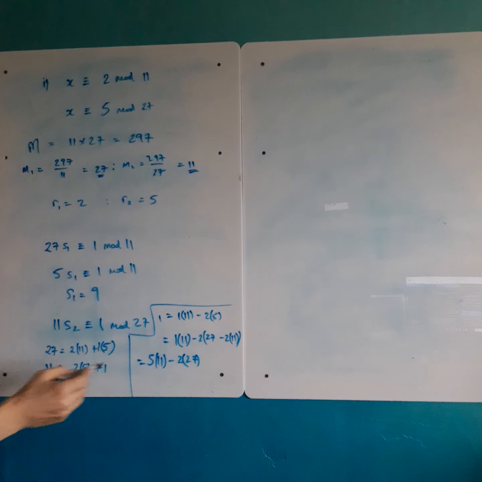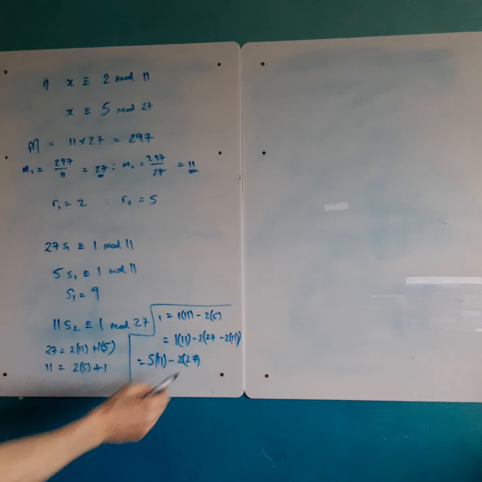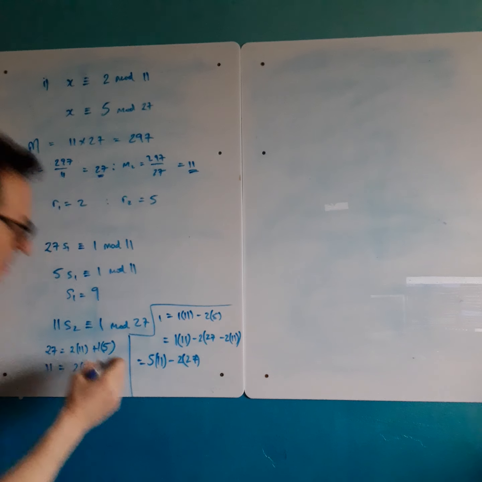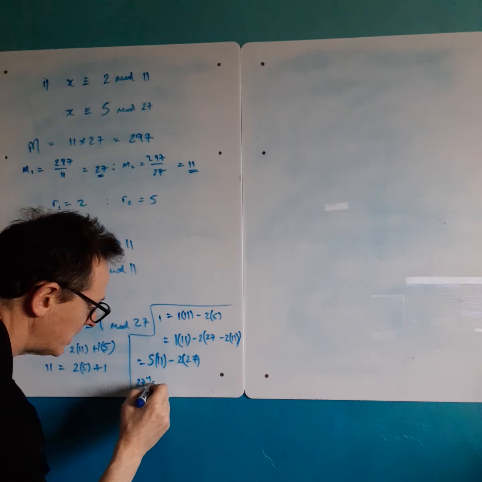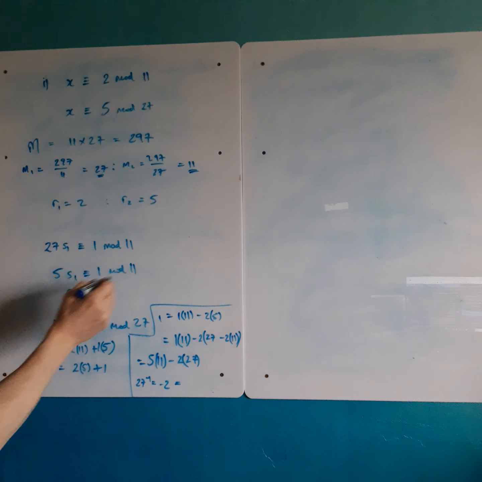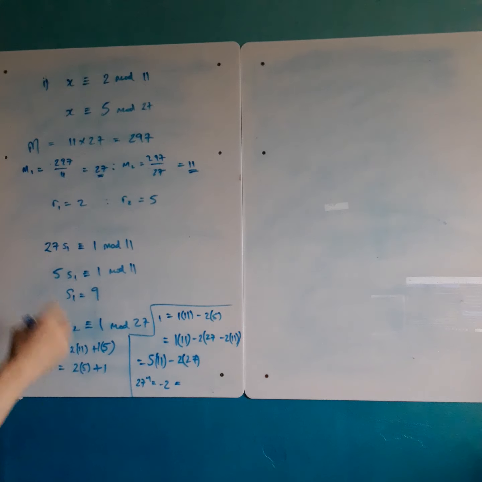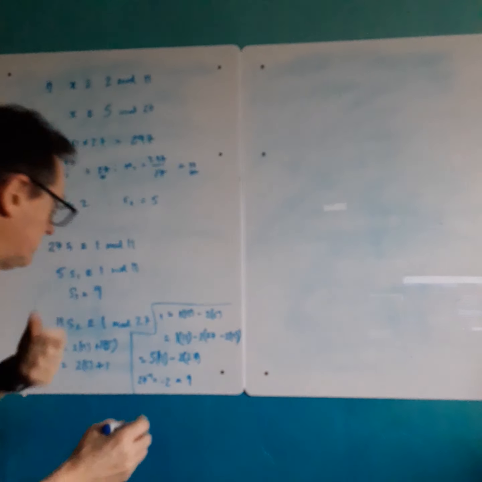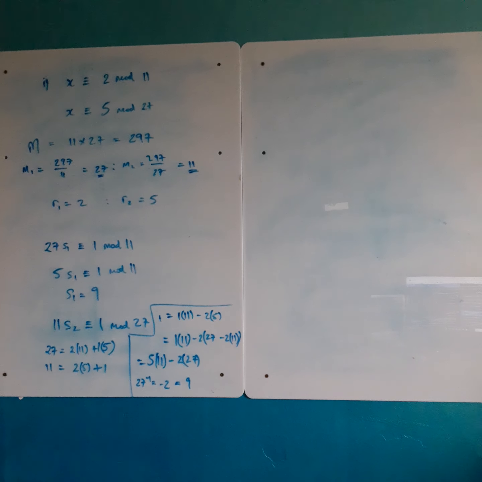Okay, that seemed fairly straightforward. So the inverse of 27 is what we want. So 27 inverse equals minus 2, the coefficient there. And minus 2, we're working mod 11, I'm going to add 11 on, is 9 as well. Okay, so I'm not sure if that's right.